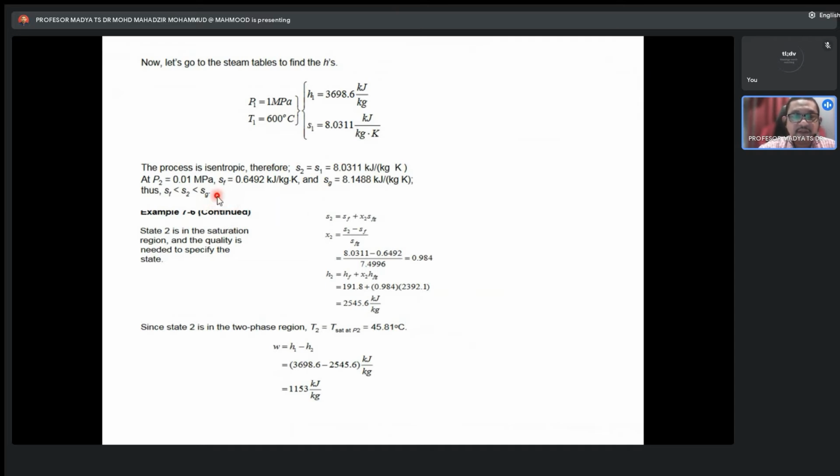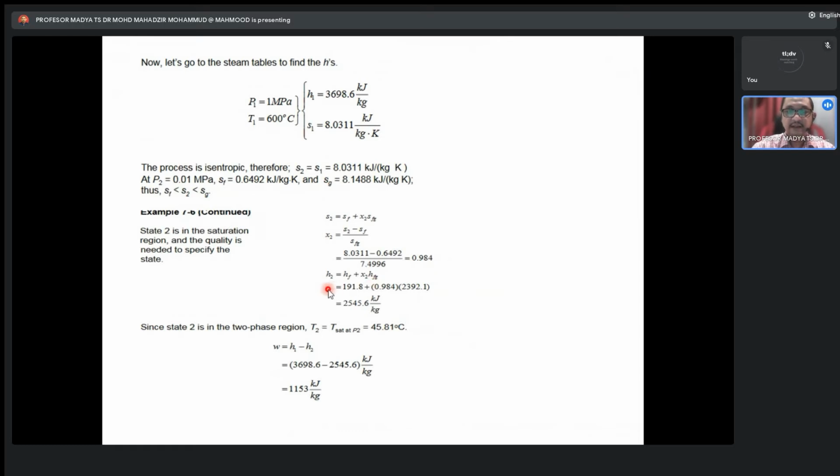And so what happened is this situation. This is the saturated region, or the mixture region. So when it is the mixture region, at state number 2 you have to find S2 based on the formula. So get the quality, because when it's the mixture or saturation region, the quality must be found. So you get X2 is 0.984.